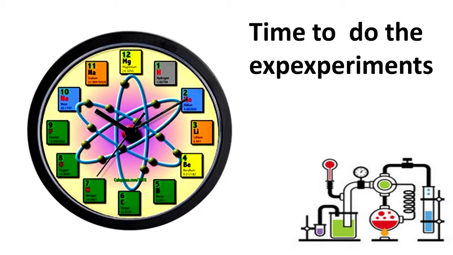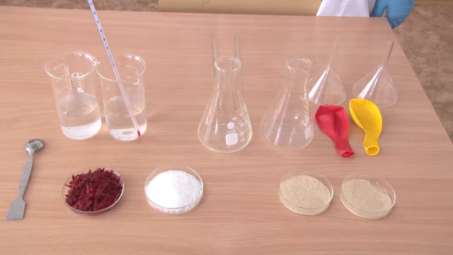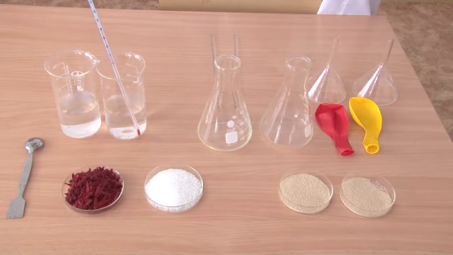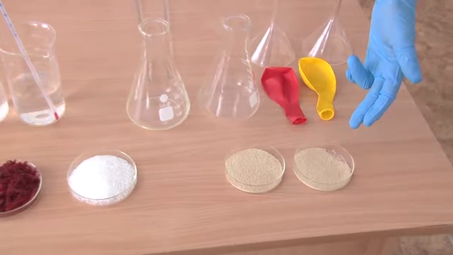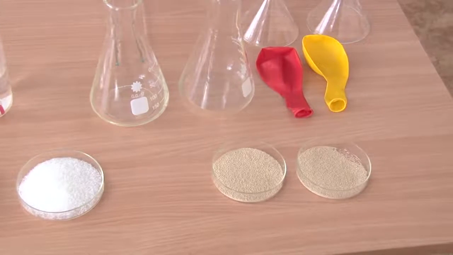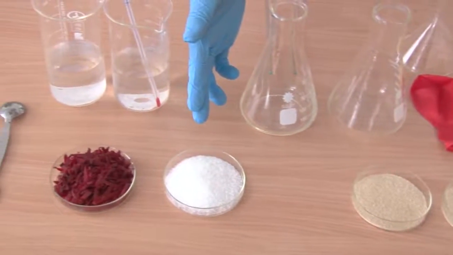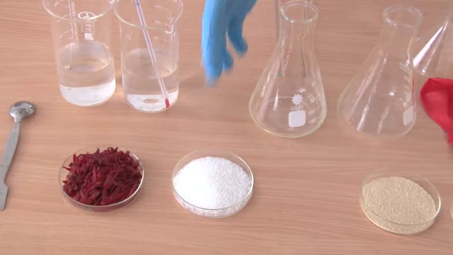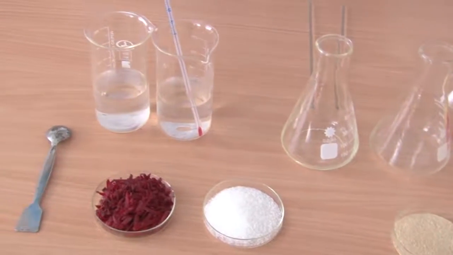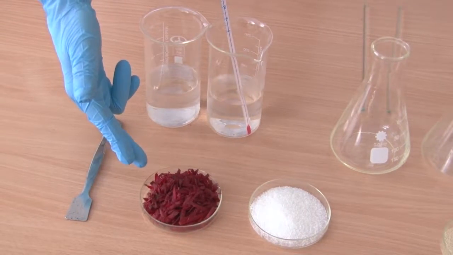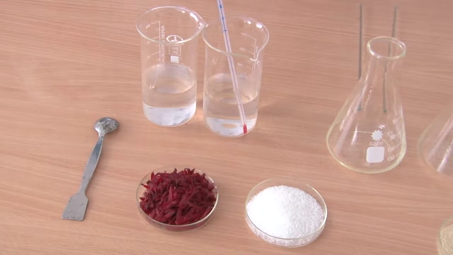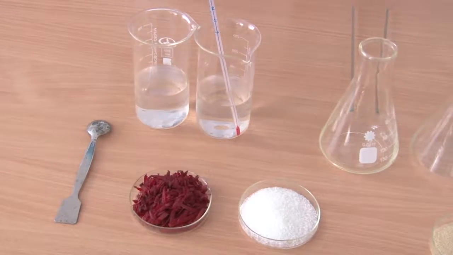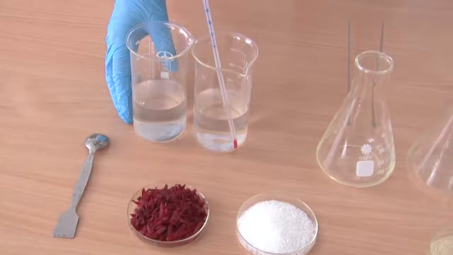Today we repeat the fermentation process in laboratory conditions. For this experiment, we need 5 grams of yeast, 20 grams of sugar, 20 grams of finely chopped beets, 150 milliliters of distilled water.